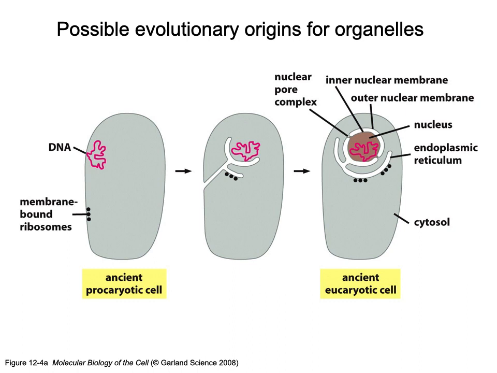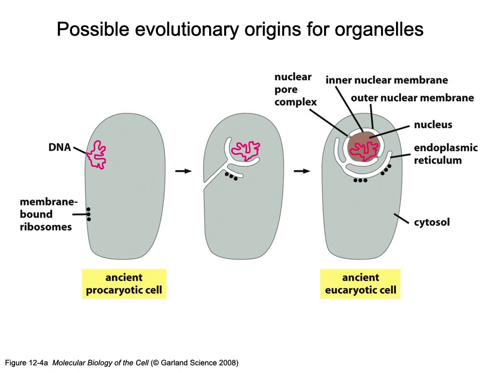With the endosymbiotic theory, what is believed to have happened is that part of the membrane started to invaginate. Basically, the cell turned in on itself. That membrane had some membrane-bound ribosomes, and it enclosed around the DNA.